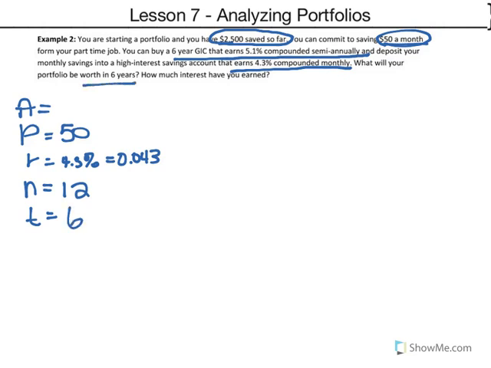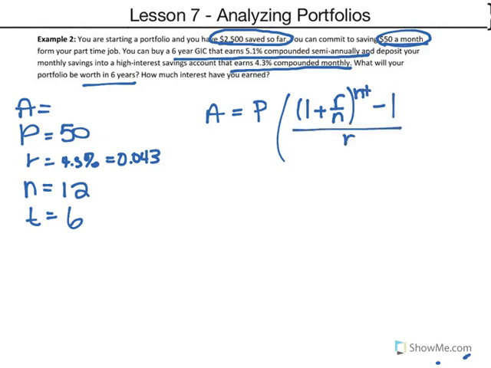Because this is a regular payment, we would be using the regular payment formula. So A is equal to P, big bracket, 1 plus R over N to the power of NT, minus 1, divided by R over N. So we're going to plug this in.